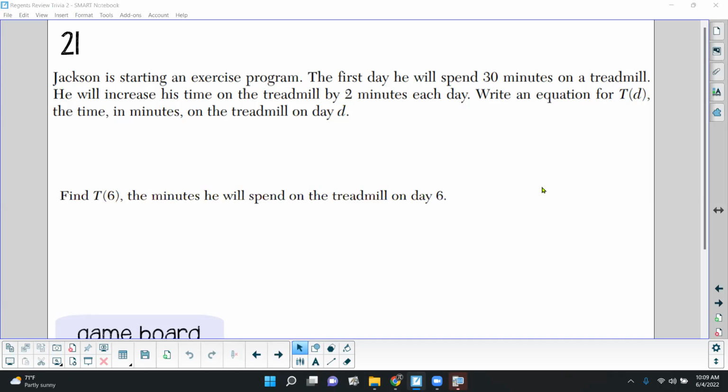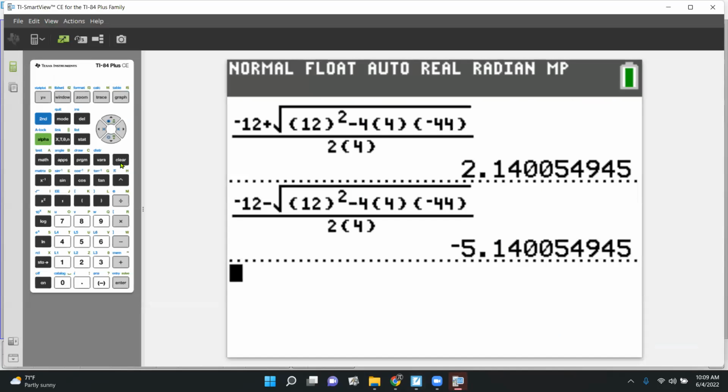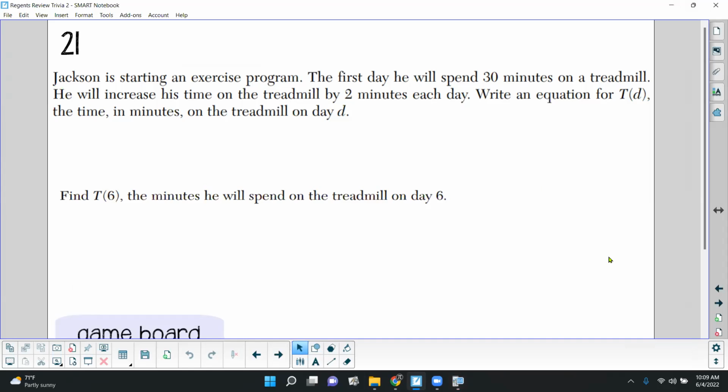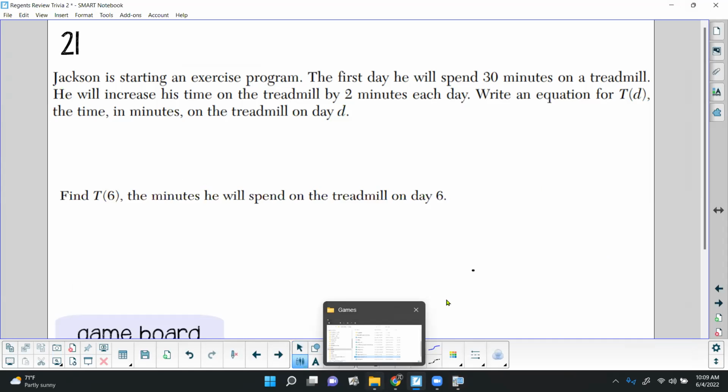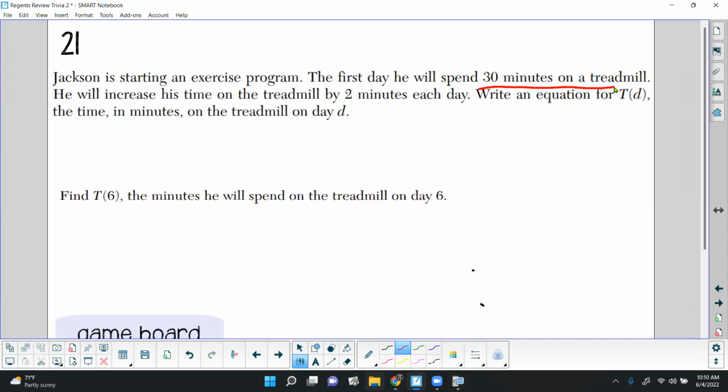All right, thanks for chatting me those responses. If I didn't chat you anything, then your response was probably pretty good. So I'm going to start here with the initial question, which was that it's 30 minutes on the first day and an extra 2 minutes per day after that.